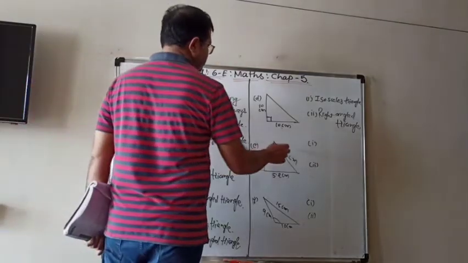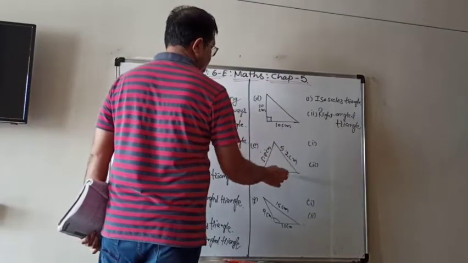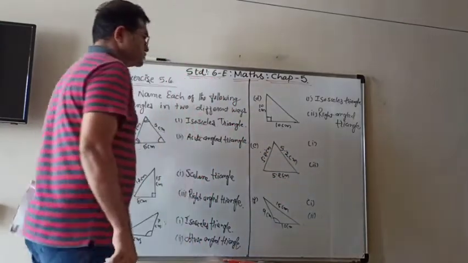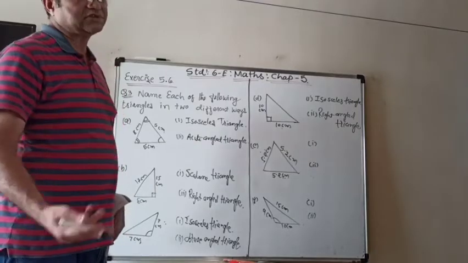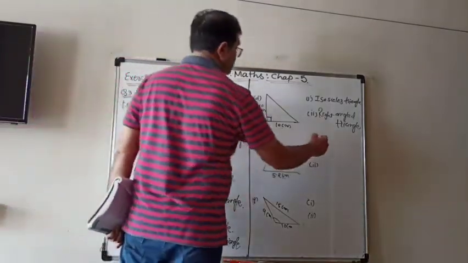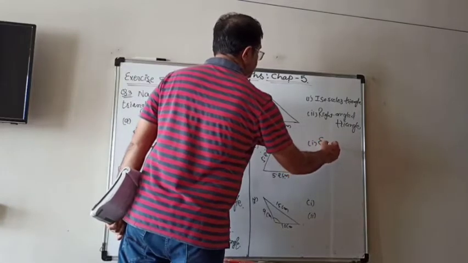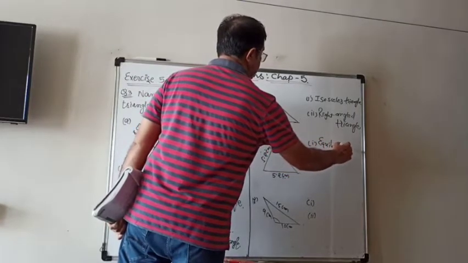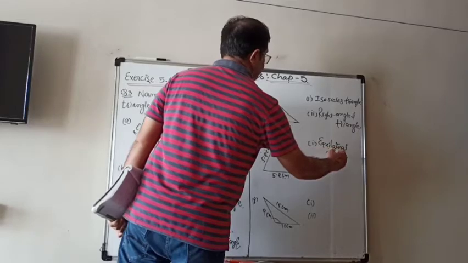Now here you can see that all the three sides are equal. Then what is the name of the triangle which has all sides equal? It is an equilateral triangle.